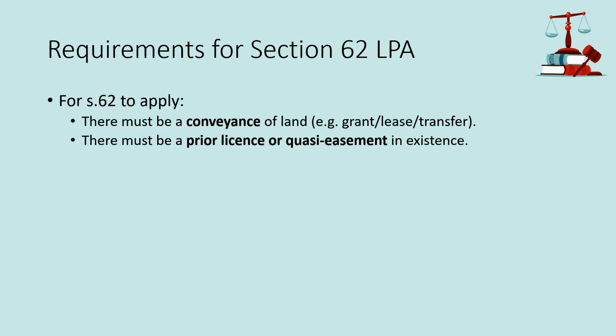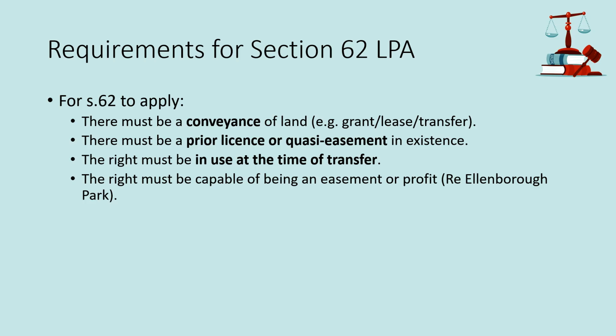There must have been a license or quasi-easement or even just a small minor permission in existence at the time, and this must still be in use at the time of the transfer.